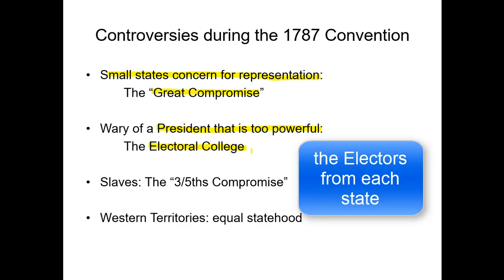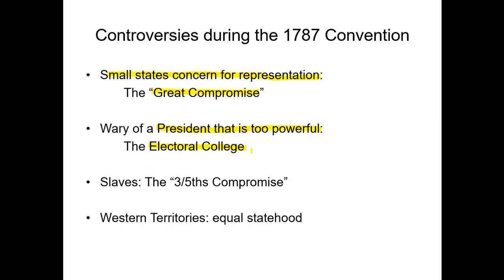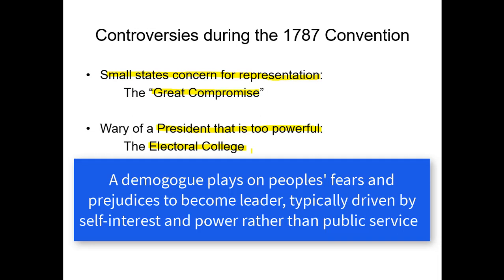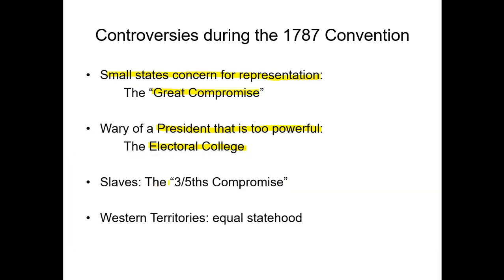And again, the idea there was to try to prevent a president that could inspire mob rule, become a demagogue, and have a majority that could really come onto his side and then take over the other branches of government.